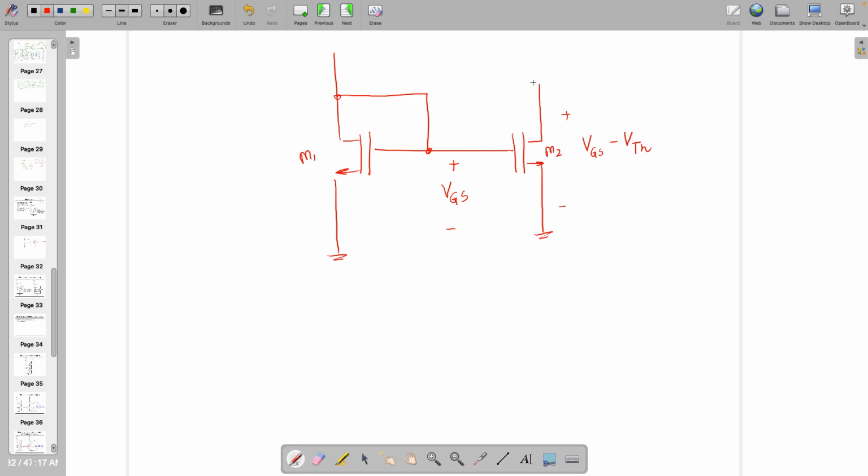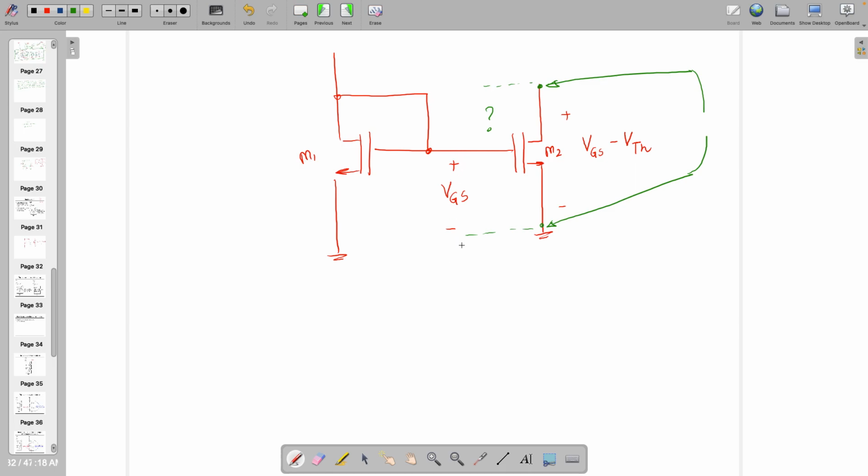So if I am measuring from here to here, if it is VGS minus VTH, what voltage should be here between gate and drain? How much potential has to be there? Simple KVL, follow that. If this is VGS, these two are the same terminal, so the potential cannot change.